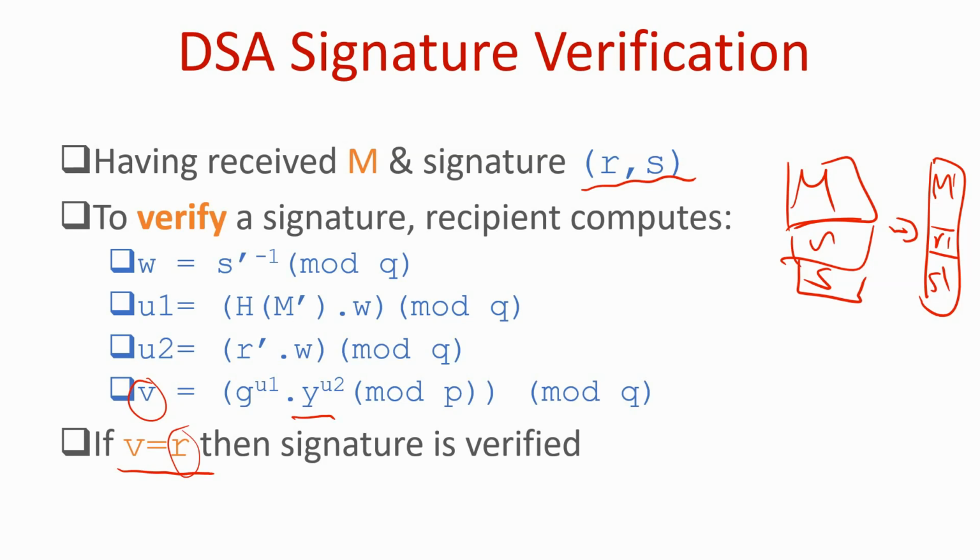So the verification would consider that the message is authentic in this case. And by including the public key in the verification V, you would know that the public key is the one that corresponds to the private key that was used to generate the signature to begin with.